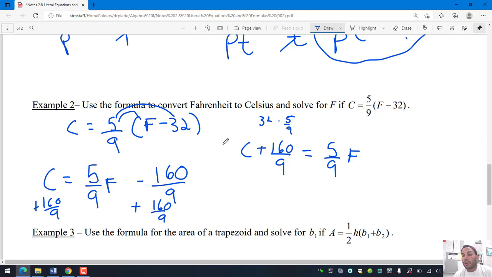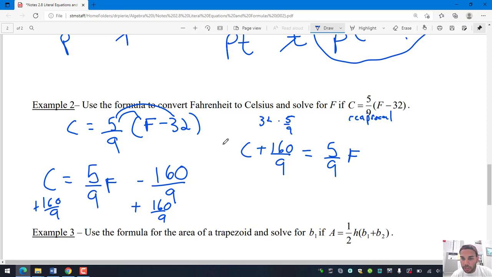The only thing I got to get rid of now is this 5/9. How do you get rid of multiplying by a fraction? A lot of you guys did well on this in the quiz. The way we get rid of multiplying by fractions, we have to multiply by the reciprocal. Multiply both sides by the reciprocal. So what is the reciprocal of 5 over 9? It's just going to be 9 over 5.